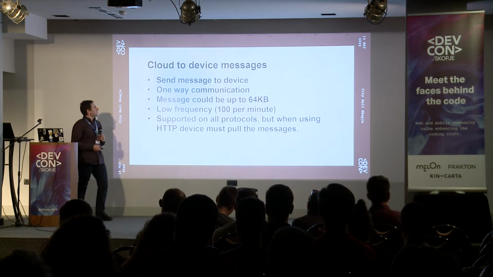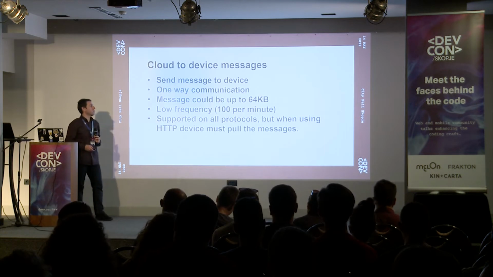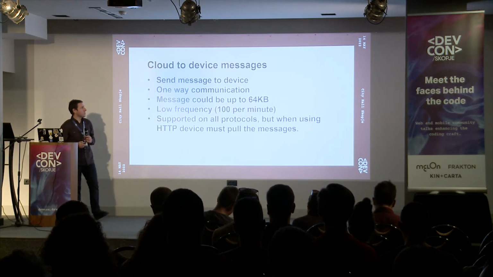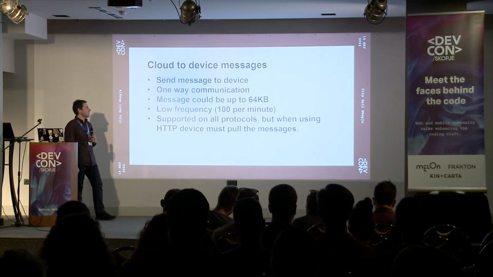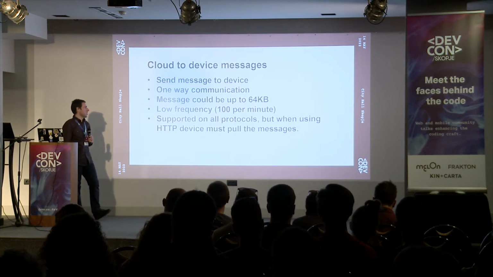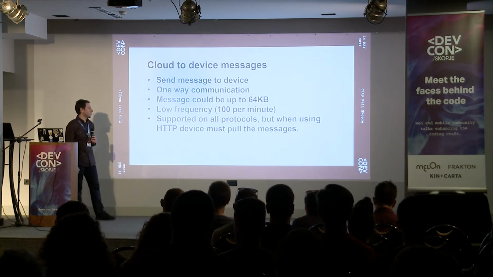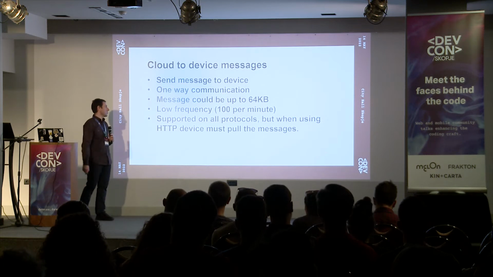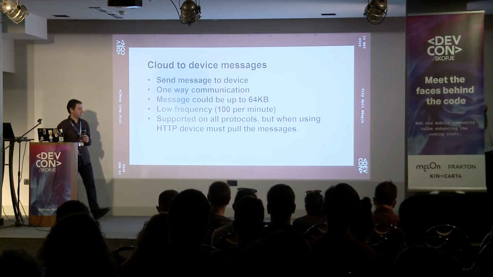Now we'll go to the other side, from the cloud, to send some messages to the device. These are the push messages we are always talking about, and the size could be 64 kilobytes with low frequency, 100 per minute, and it's supported on all devices, and as I mentioned, HTTPS must be used for pushing.